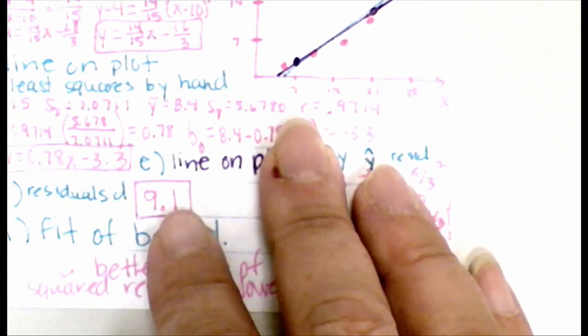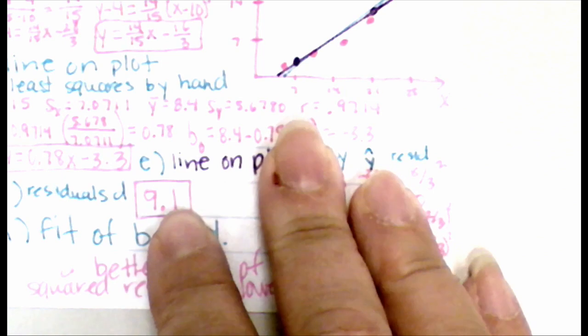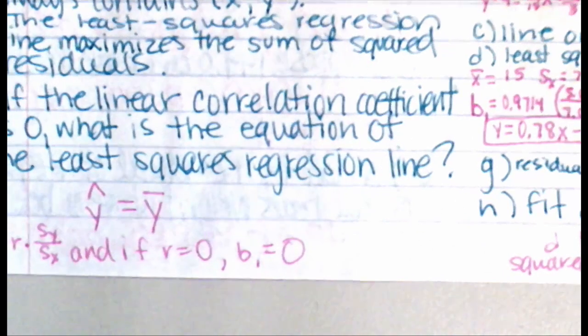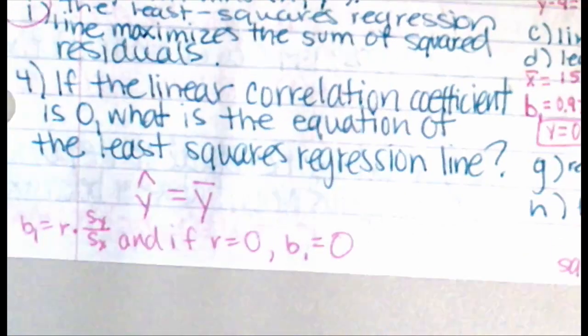If the linear correlation coefficient is 0, what is the equation of the least squares regression line? So the least squares regression line would be y hat equals y bar. Here is why.